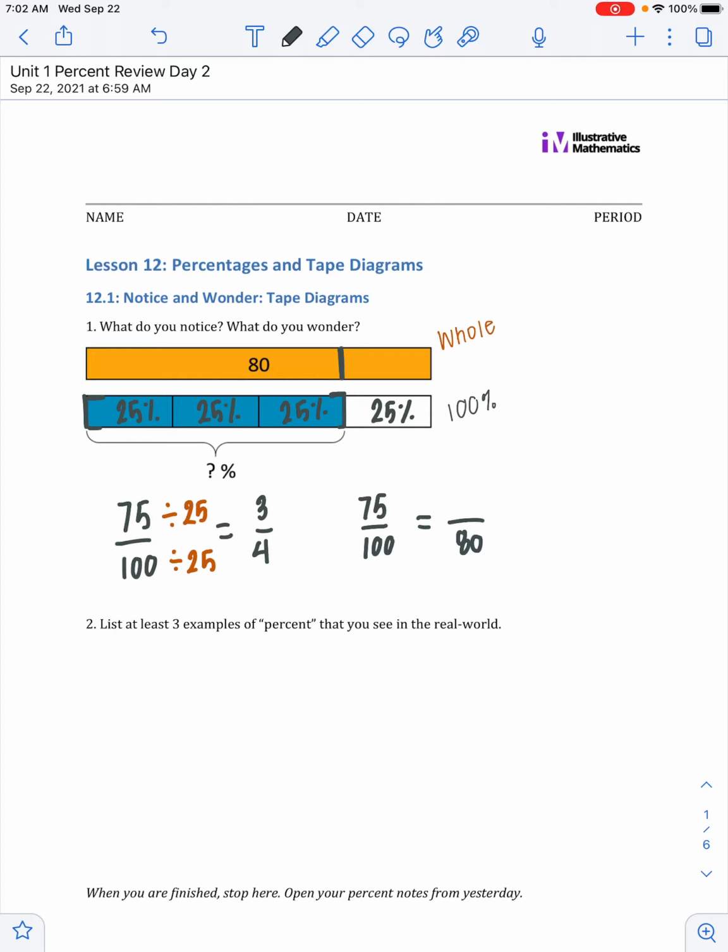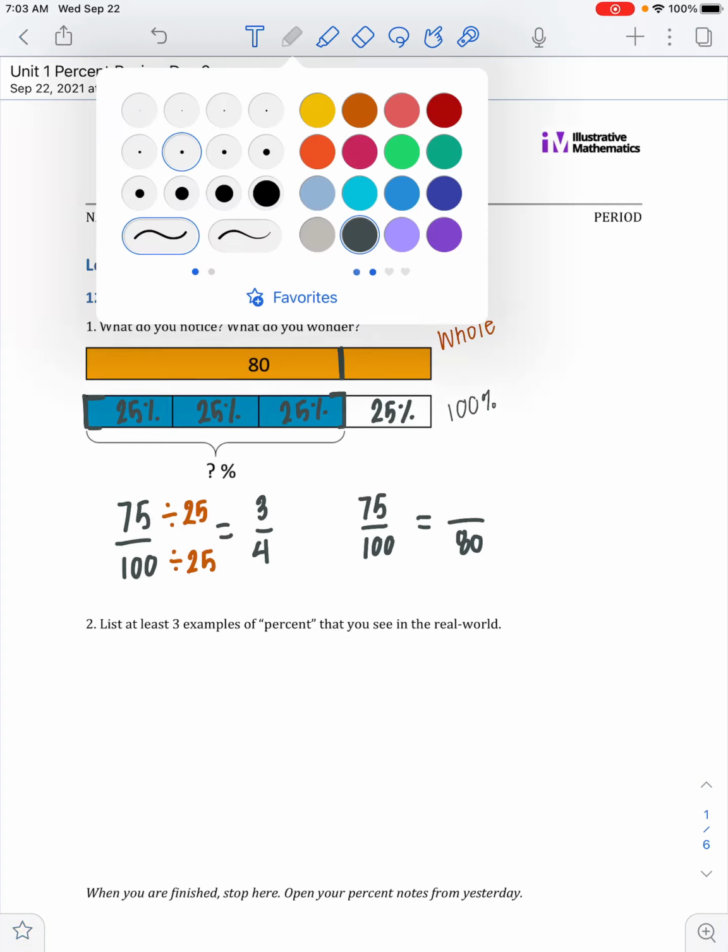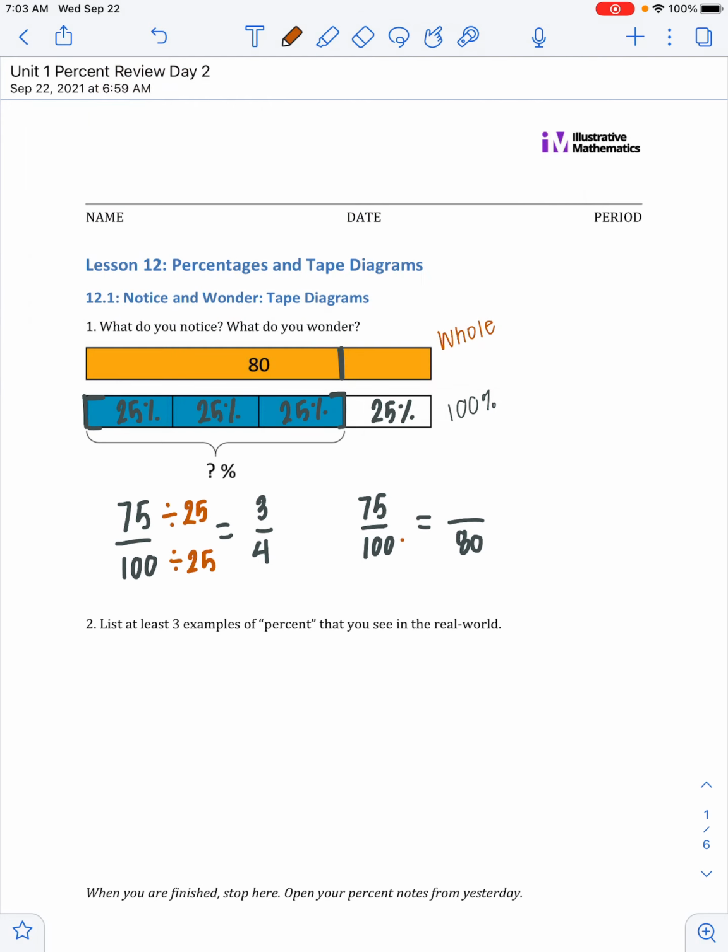You're actually dividing 100 by 1.25, which means you also need to divide 75 by 1.25. But it will give you the same answer as if you just think about splitting up 80 into 4 equal groups. Each group would be 20. And you would know that 75% of 80 is 60.